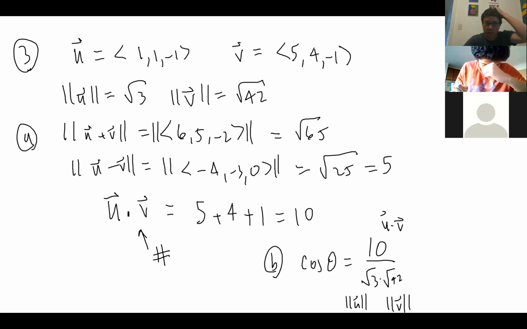And honestly, you could just leave it as the arc cosine of that number. It's not pretty, but I understand what that means. You don't have to calculate it out and screw up the rounding. So just leave it as the arc cosine of 10 over the square root of 3 times square root of 42.